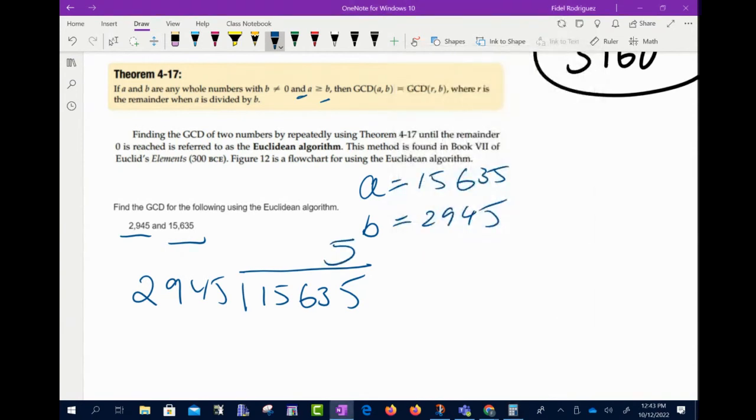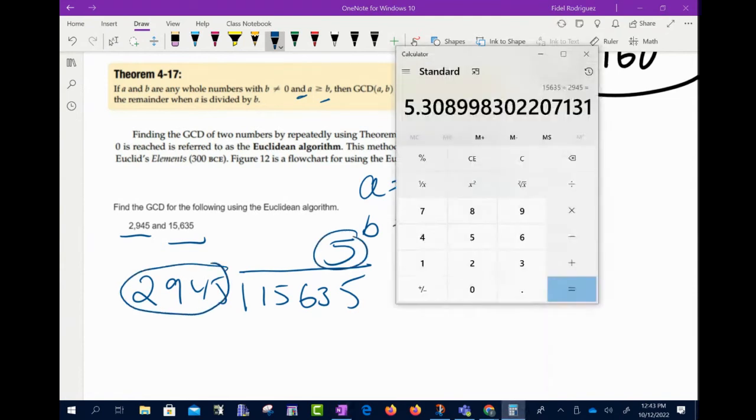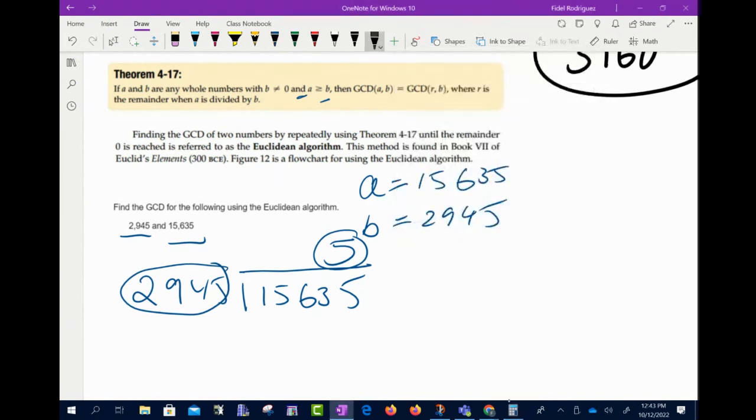So what I'm going to do is I'm going to put my 5 right here. If I wanted to know what that change would be, I'm really taking 5 times this number. So let's do that. Let's take 2945 and let's multiply it by 5, okay? And that's given me 14,725. I'm going to write that number right here, y'all, just like we used to do back in elementary school.